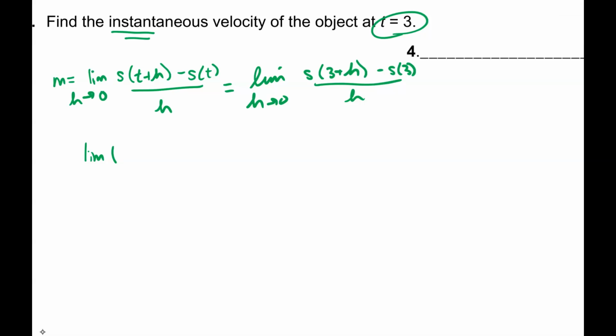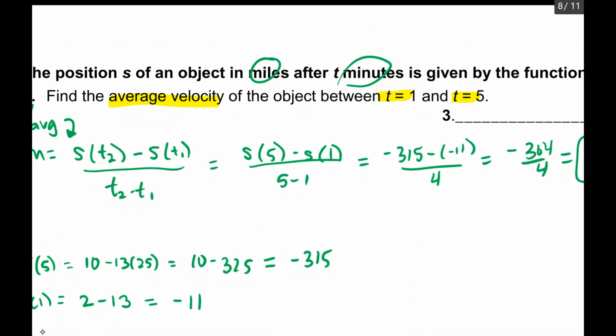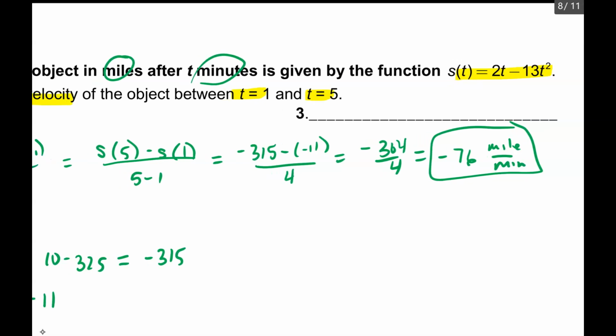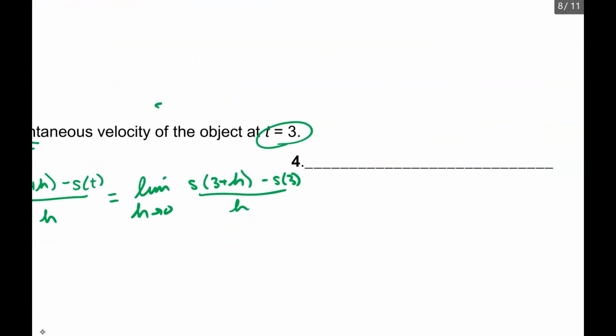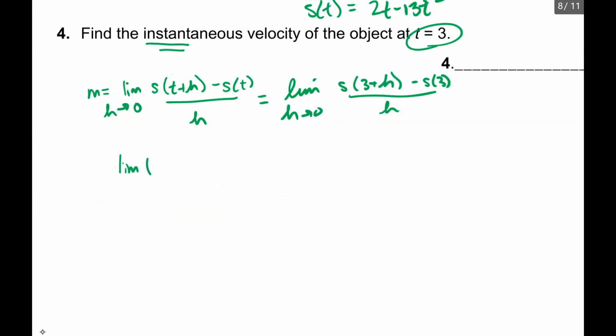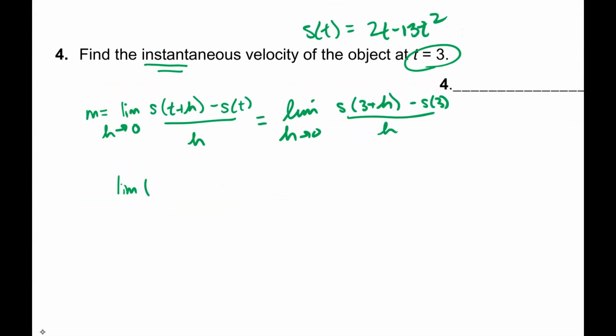So we've got to plug in our function, so we should write it down here: s of t is equal to 2t minus 13t squared. So we're plugging in the 3 plus h, plugging it into both of these t's.